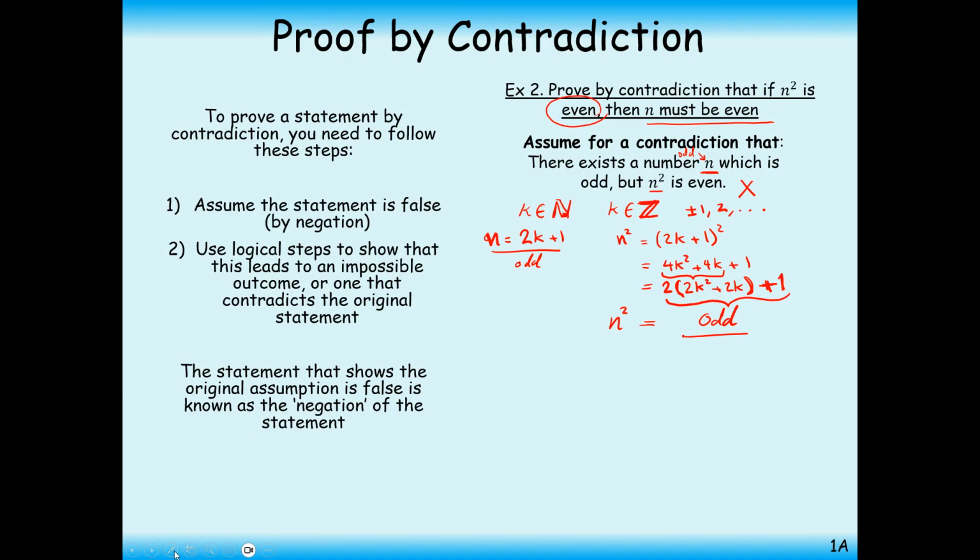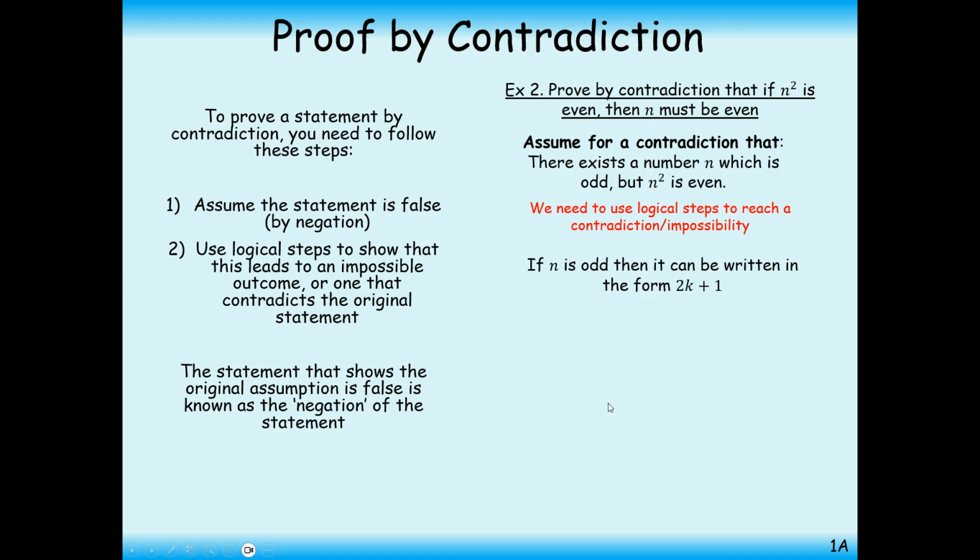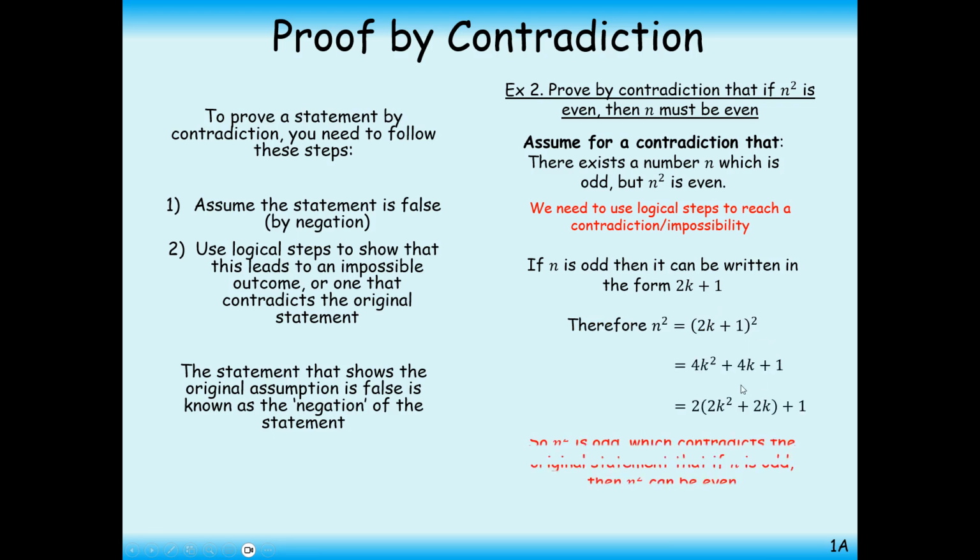So that proves the statement, because we have used contradiction here. The steps were to say that n is an odd number, and we squared n and ended up with this expression. Because n squared is odd, which contradicts the original statement that if n is odd then n squared can be even, we have answered the question.